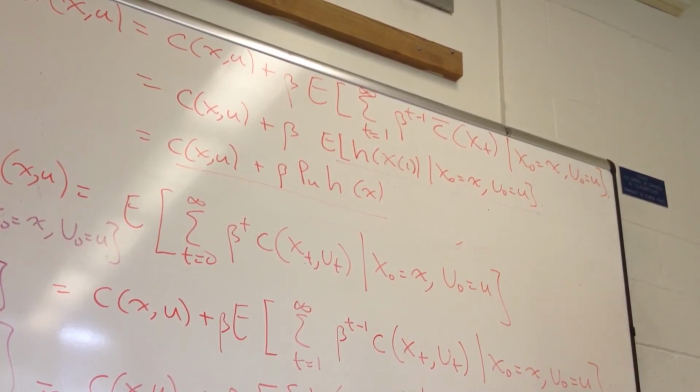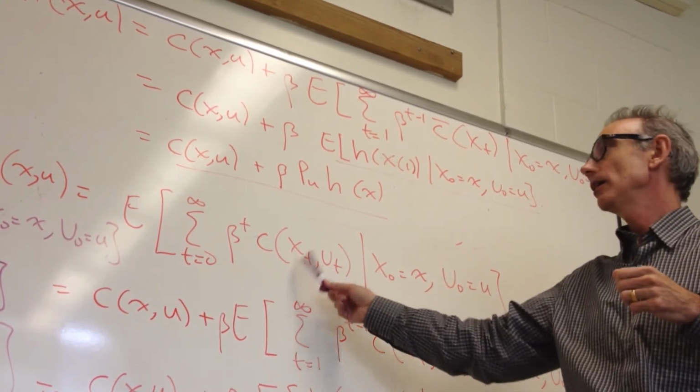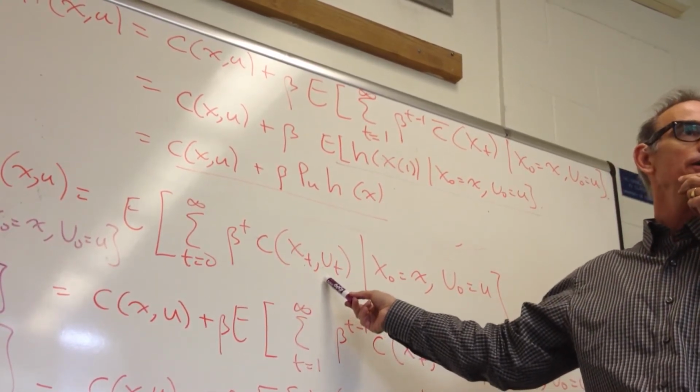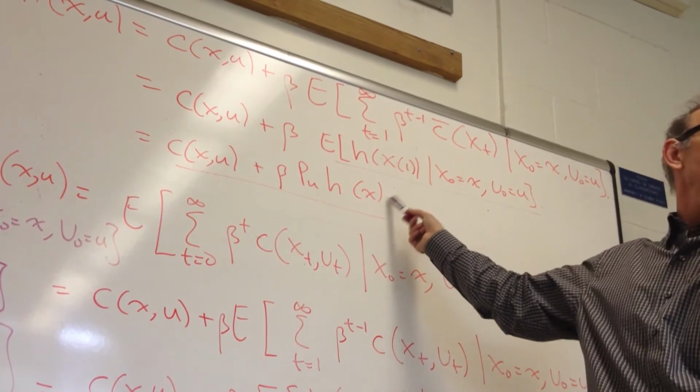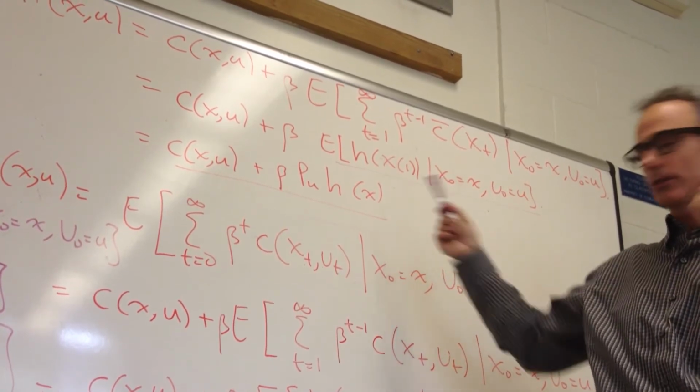Sarsa is that if you can estimate the value function for the bivariate chain, then you've got something like a Q function.